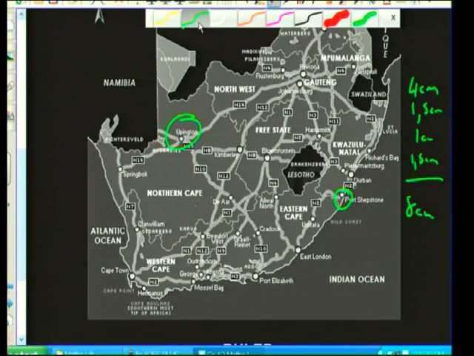Right, so how are we going to do this? Well, there are several routes we can follow again, but the question does ask us, which do you think would be the shortest route?